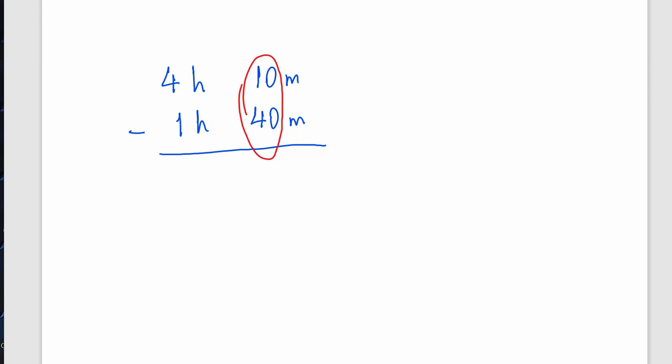Okay, Muhammad, I know that you are here, but I will take a little help from Salman and I will continue with you. Okay, Salman, how can we solve the problem? I cannot subtract 10 minus 40. Cannot be done. So we're going to take away from the 4, an hour.